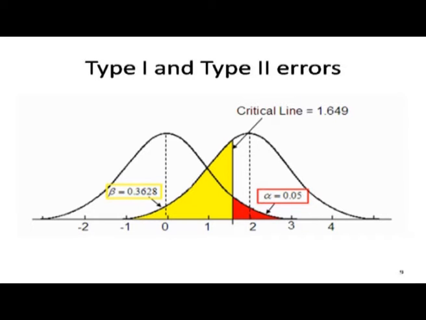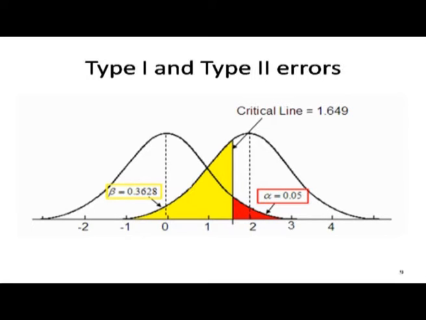This area is called beta, and for alpha equal to 0.05, the point will be fixed in such a manner that this area is 0.05, then this area, according to this graph, is 0.3628.